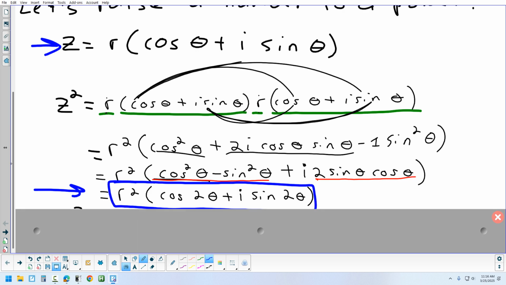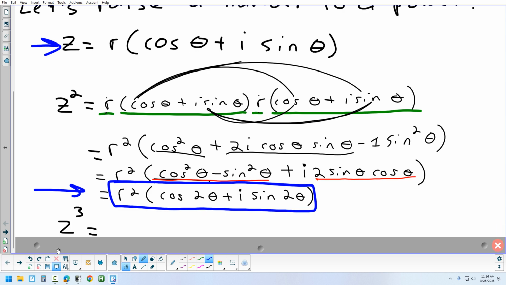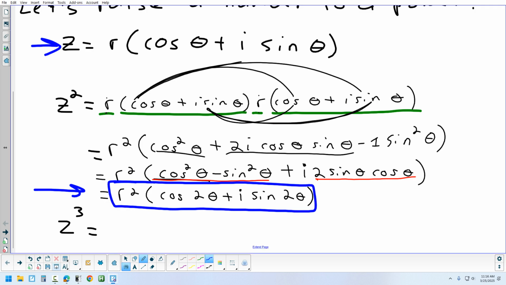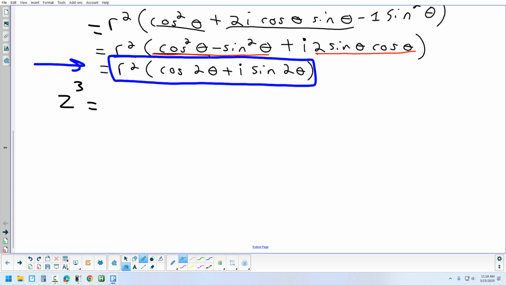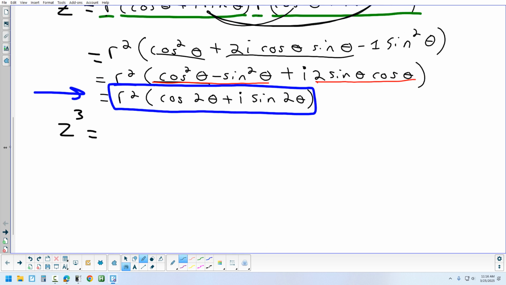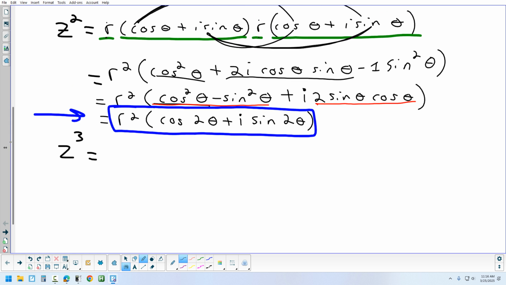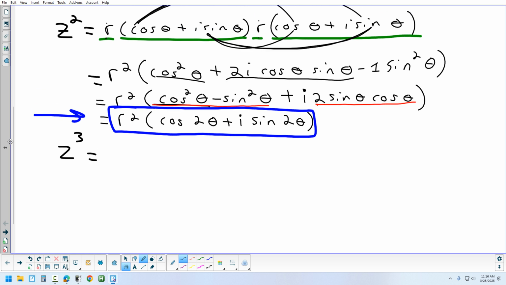Now, without actually going through it, I want to see if we recognize the pattern. Anybody think they know what z cubed would be? Z cubed, yeah.